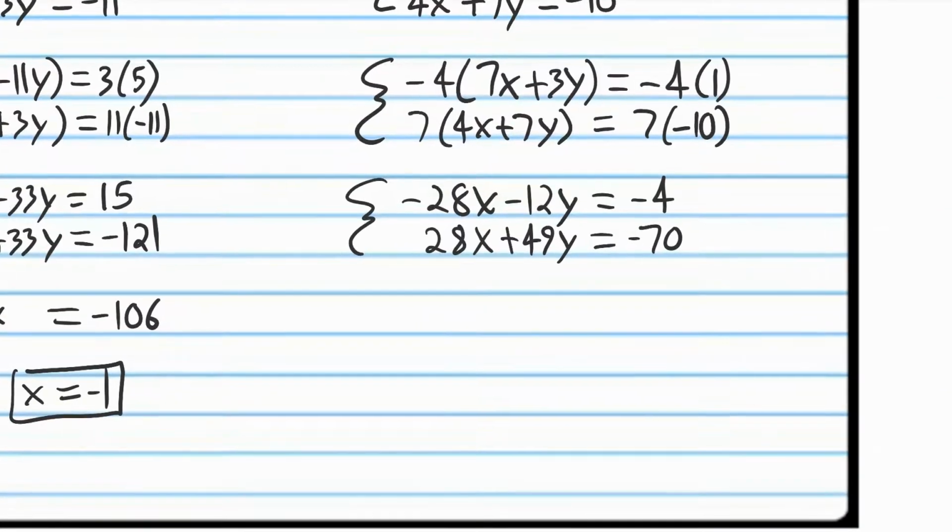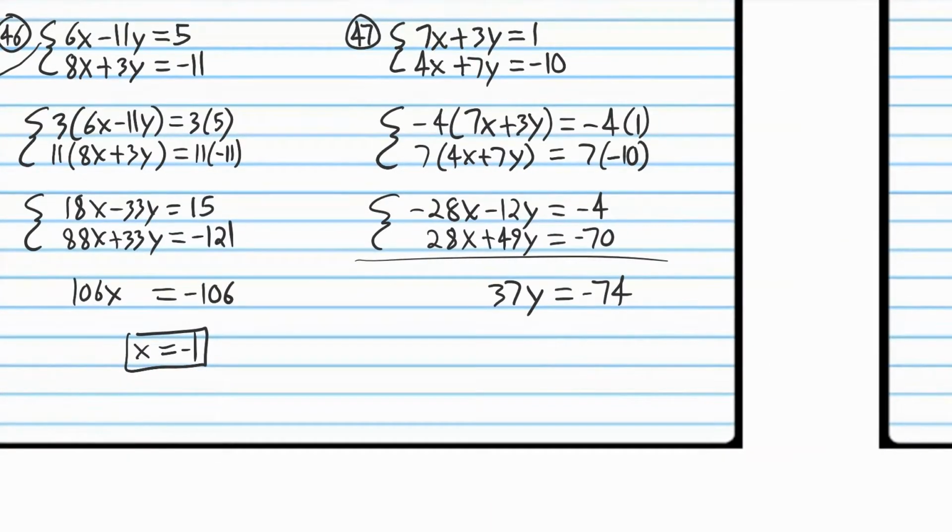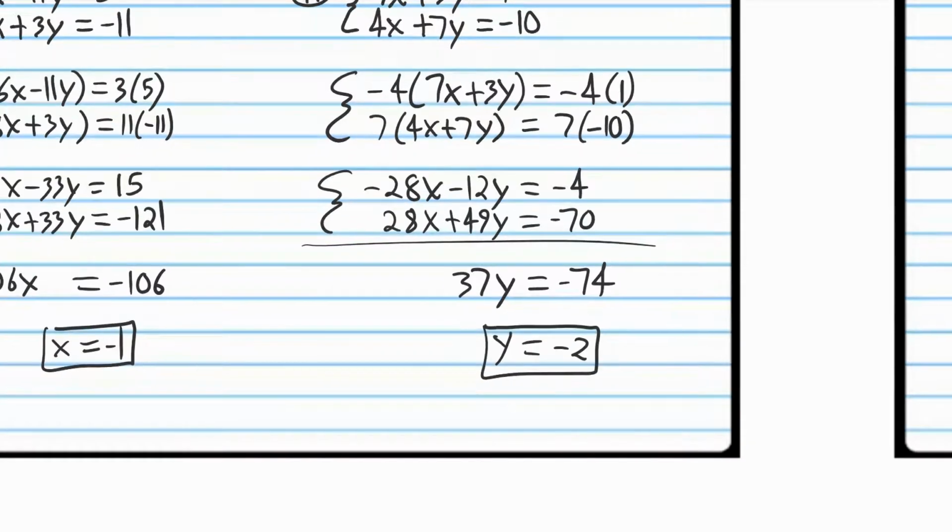Everything looks right. You can see these are the same coefficient, so we can add them together now. Negative 12 plus 49, that's going to be 37. Negative 4 plus negative 70 is negative 74. And if you divide both sides by 37, you get a negative 2. You can confirm that with your calculator if you want to.